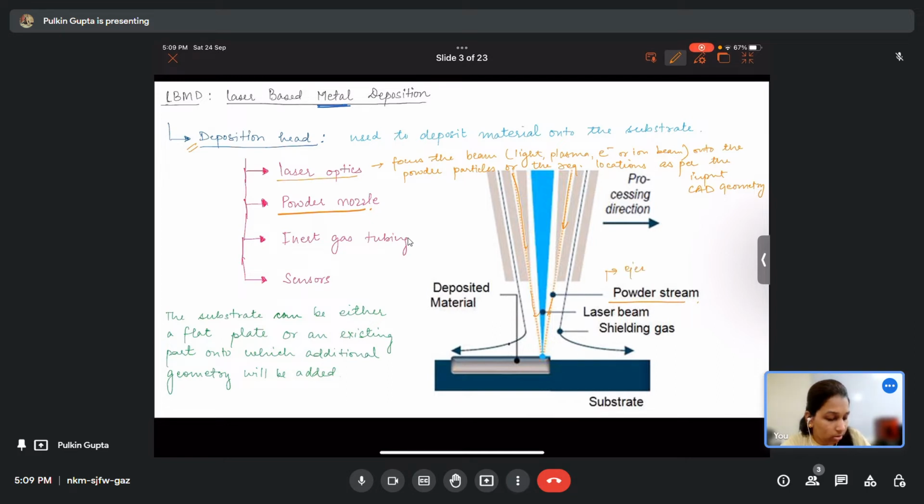And this blue part is your laser beam. They are interacting at this point, and when they are interacting here, heat is being generated.